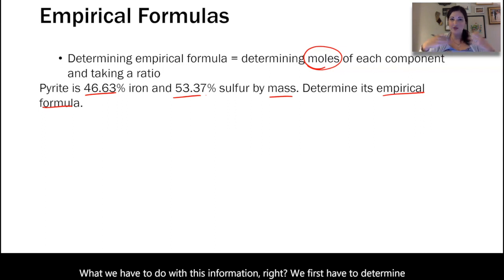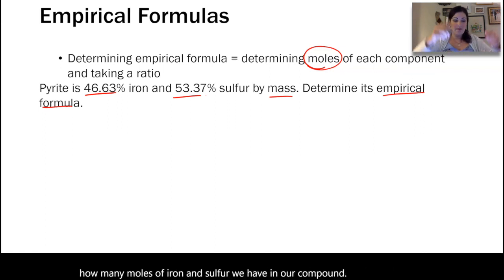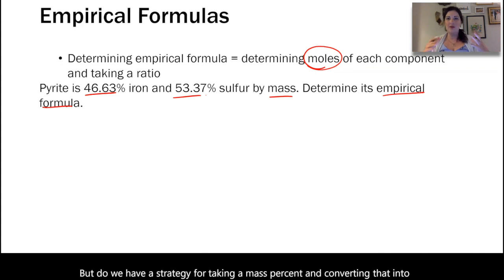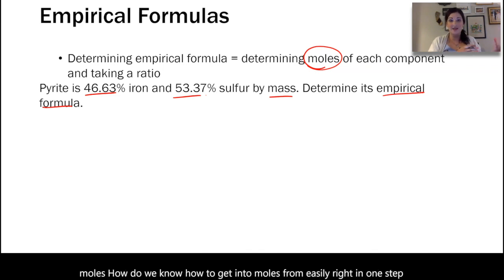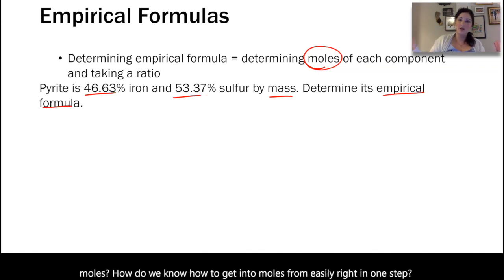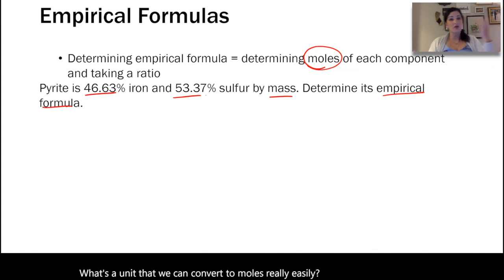But do we have a strategy for taking a mass percent and converting that into moles? How do we know how to get into moles easily, right? In one step. What's a unit that we can convert to moles really easily? Well, we can either use atoms using Avogadro's number, or we can use a mass using the molar mass.